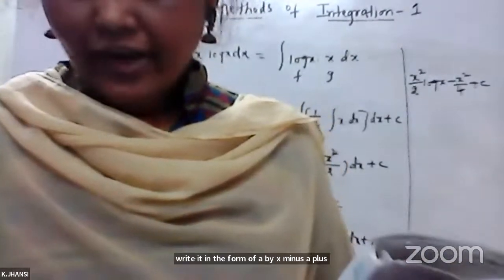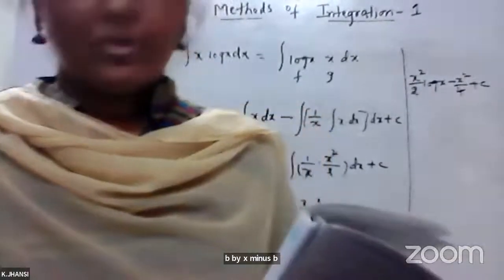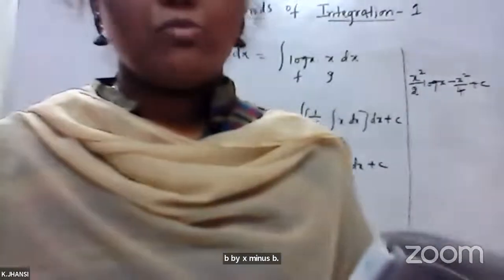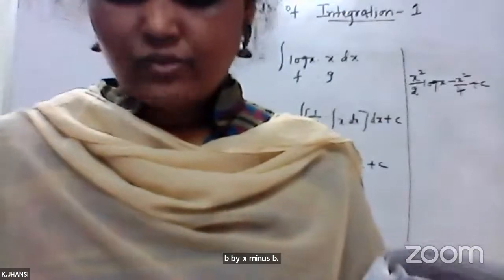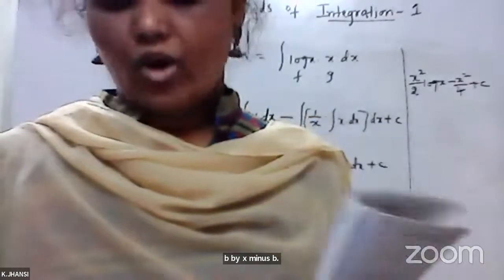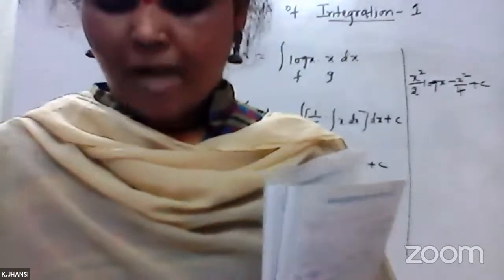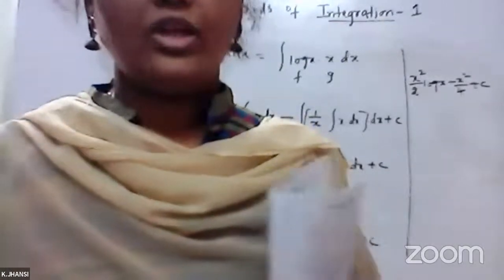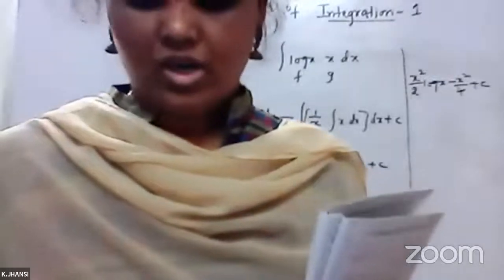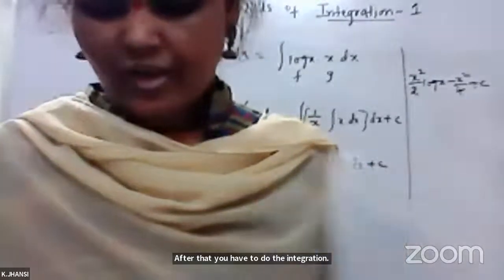So depending on these 5 different forms, you may have the problems. By seeing this, you have to split the given rational function into partial fractions like this. After that, you have to do the integration. So this table is very important.